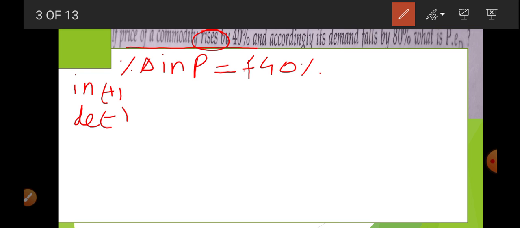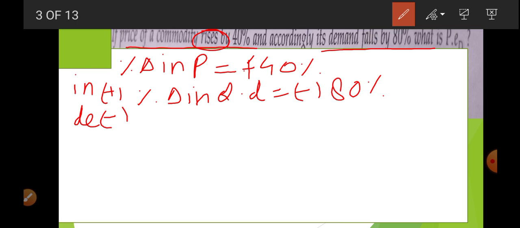Further, it is given that demand falls by 80%. So the percentage change in quantity demanded is a fall, so we put the minus sign: minus 80%.